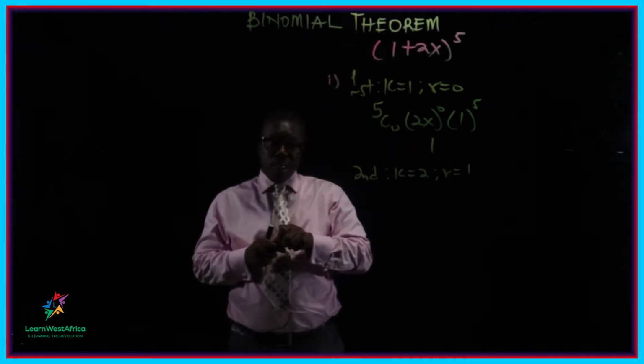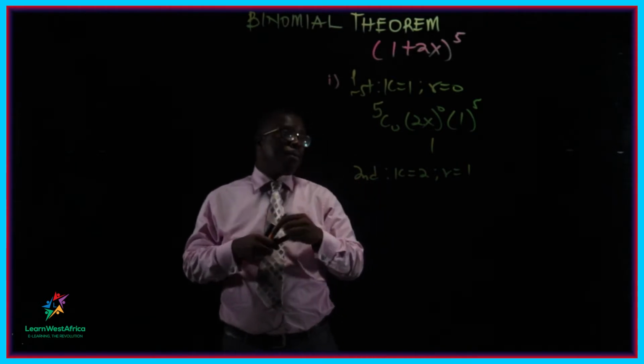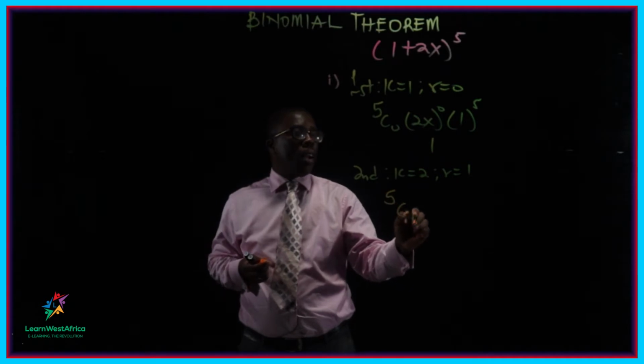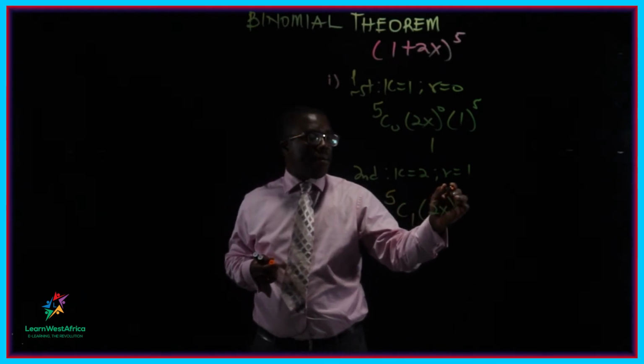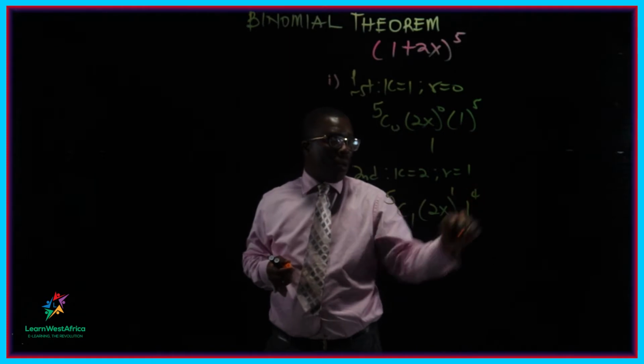And what does that give us? We are going to have 5 choose 1, (2x) raised to the power 1, then we have 1 to the power 4.